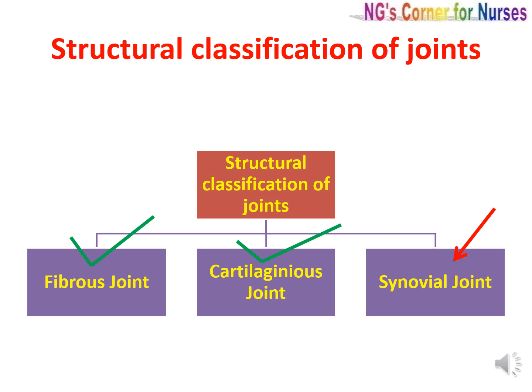We have already learned that structurally joints can be classified into three types: fibrous joint, cartilaginous joint and synovial joint. In last video we have already covered fibrous joint and cartilaginous joint. Let's move with synovial joint.